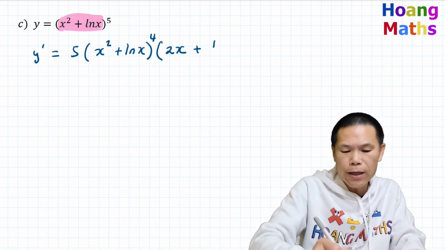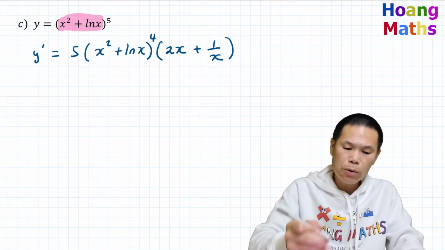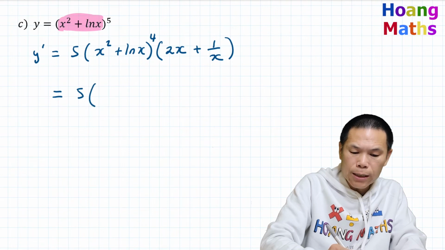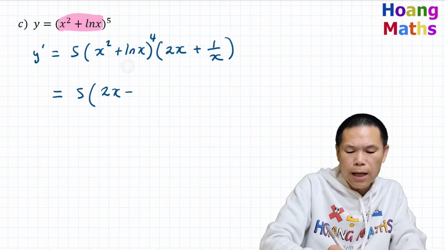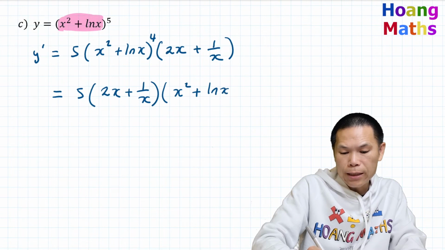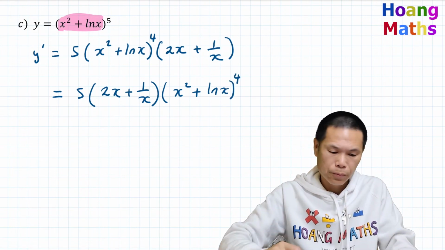In this case, f(x) is x, so over x. So there you go. Let me just rewrite this. That will give me 5 brackets 2x plus 1 over x brackets, and that becomes x squared plus ln of x, or power 4. So there you go.